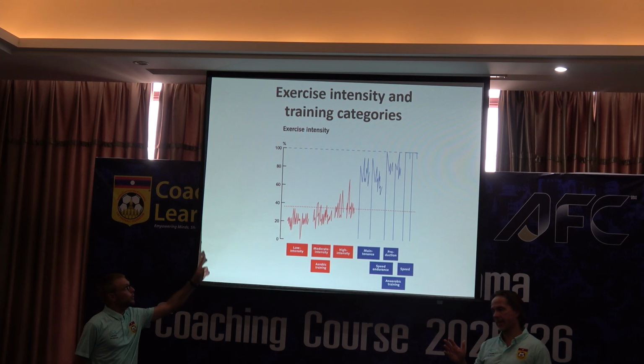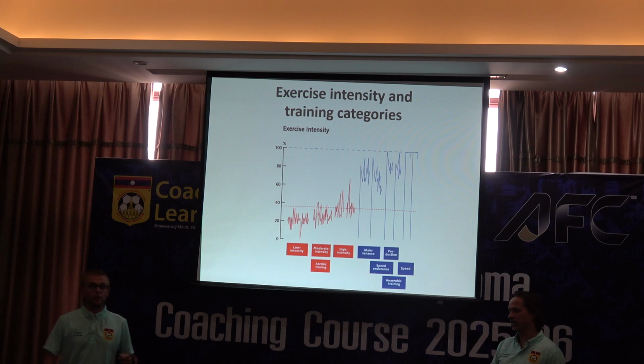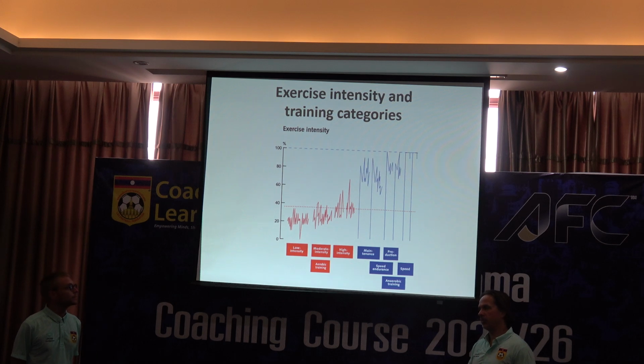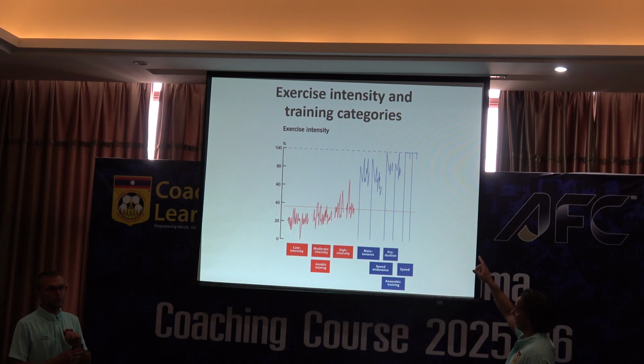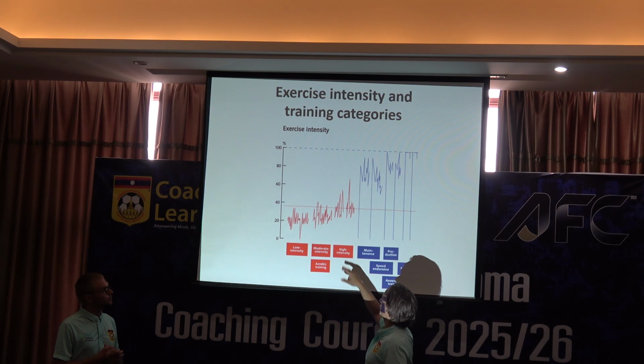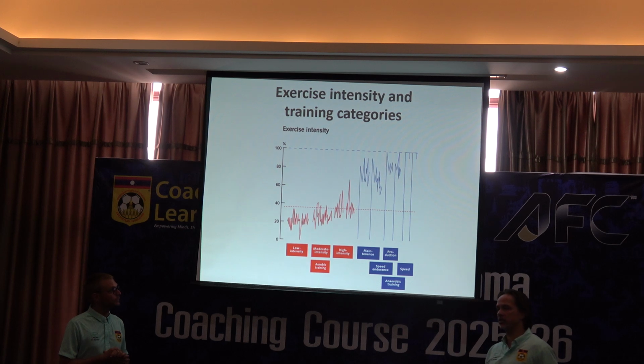Another point here relates to the intensity the players work at during training, not to the respiratory system, because there is a really strong correlation between heart rate and oxygen uptake. They are similar but not the same. But when we express it in relation to maximum intensity, the intensity that we reach when we sprint, which is 100%, then even aerobic training with high intensity is relatively low intensity.